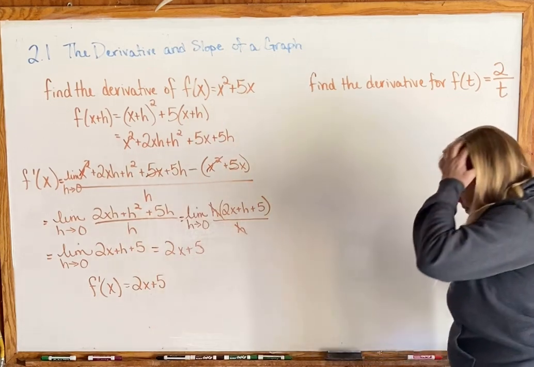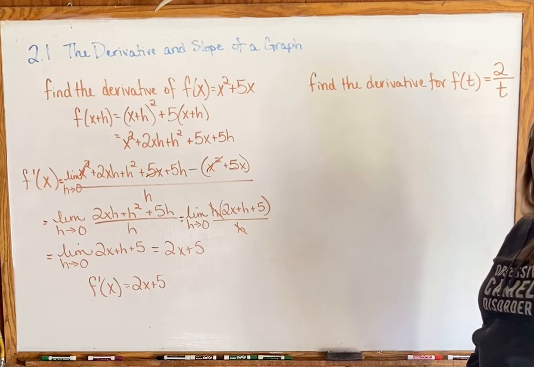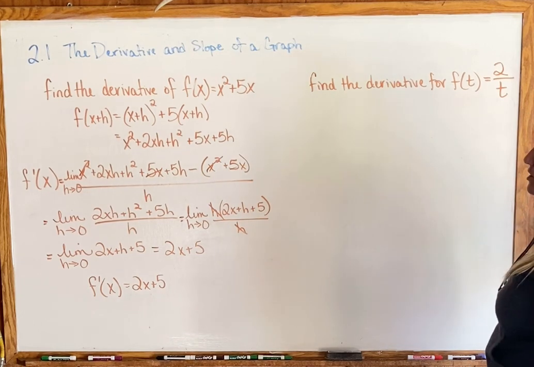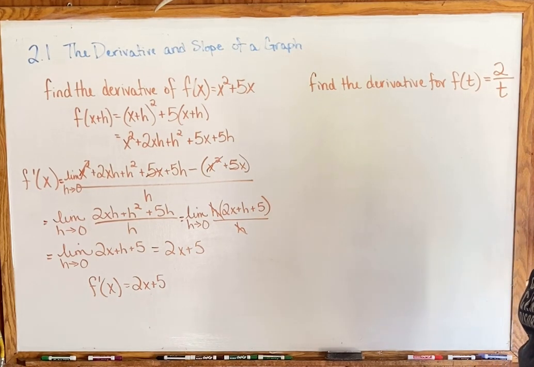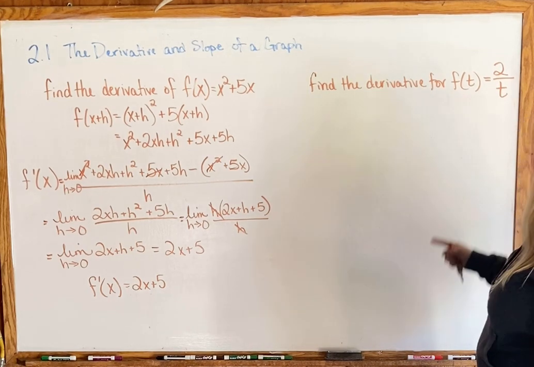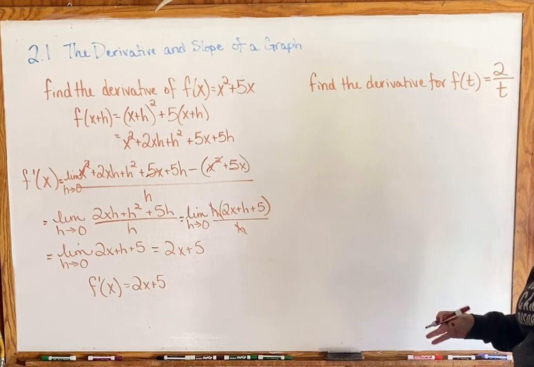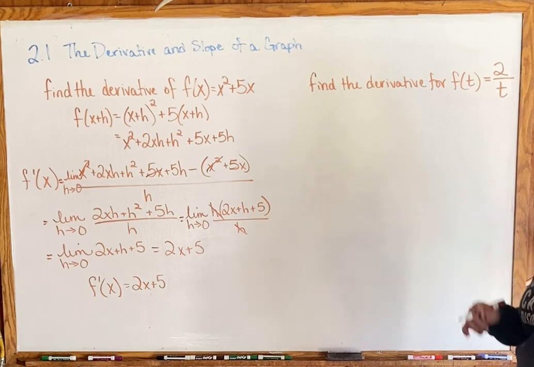Okay. So in this one, they are doing two things to you. First off, they've changed the variable on us from x to t. And this is important because there are a number of times where we're going to see t standing for time normally. So in applications, there's a lot of time problems that we end up doing. So t is one thing. The other thing is, it's a fraction. So we got two different things going on than we've seen in the last couple examples. Well, we can do it.